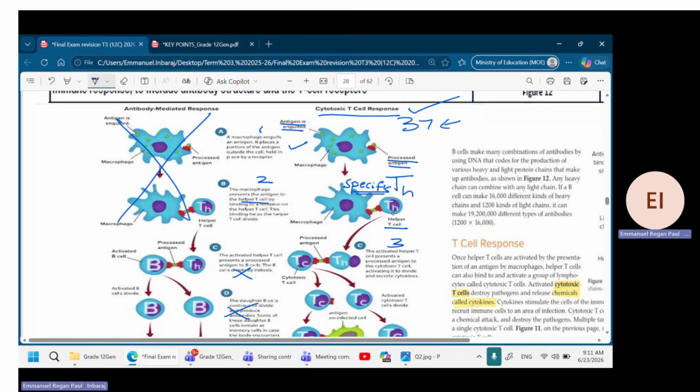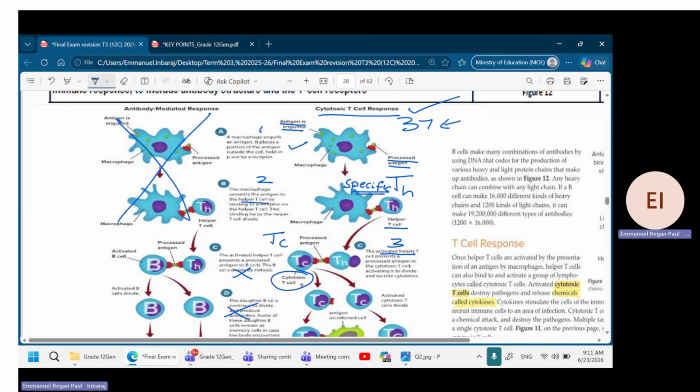Now what happens? The helper T cells, after the attachment, get activated. So the activated T cells will now present the antigen. See the red one. It will present the antigen to TC. What is TC? TC stands for cytotoxic T cells. The TH, that is the helper T cell, gives it to cytotoxic T cells.